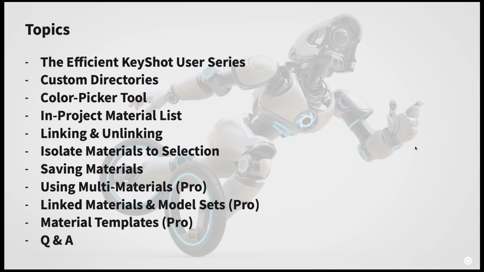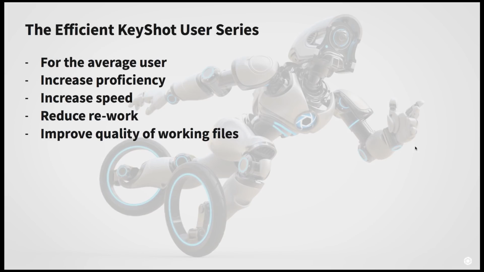What's nice here is you can see a pretty good split between features that are available to everybody, regardless of their KeyShot license, as well as pro level users. And of course, we'll finish with a Q&A at the end. Hopefully we'll have roughly 10 minutes to do that.